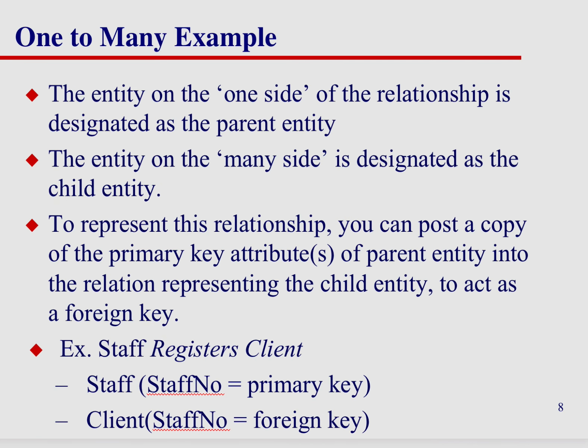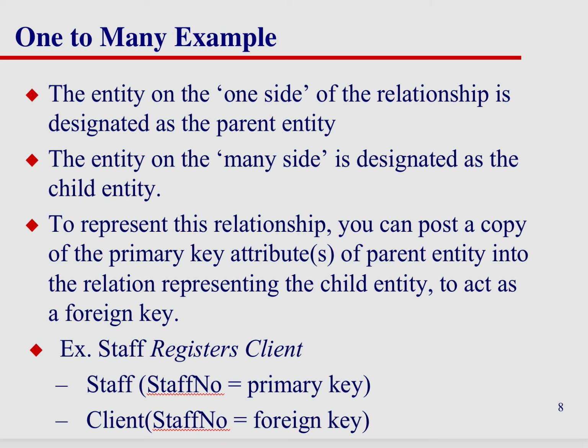So continuing on in the one-to-many, you have the entity on the one side, you have the entity on the many side, and if you wanted to do it like we said, you can take the primary key from the one side and you could make it a foreign key. So here, let's say I'm giving you another example. Staff registers client. Staff has a primary key of staff number.